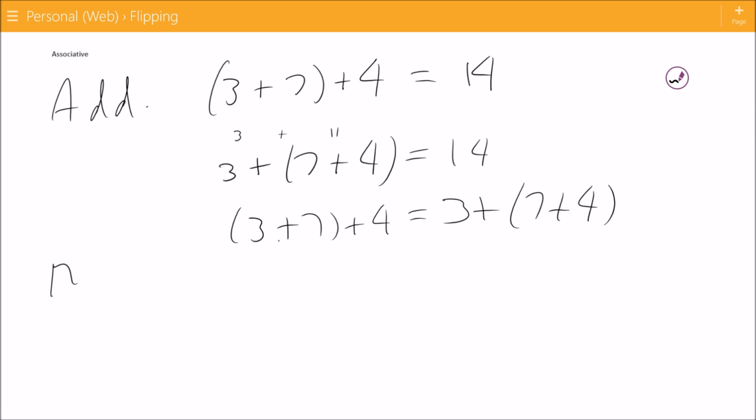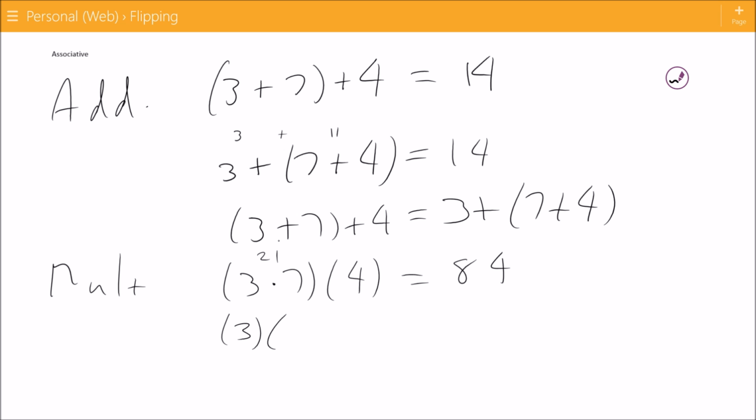And multiplication is the same thing. If we had the quantity 3 times 7, all of that times 4, well, 3 times 7 we said was 21. 21 times 4 is going to give you 84.